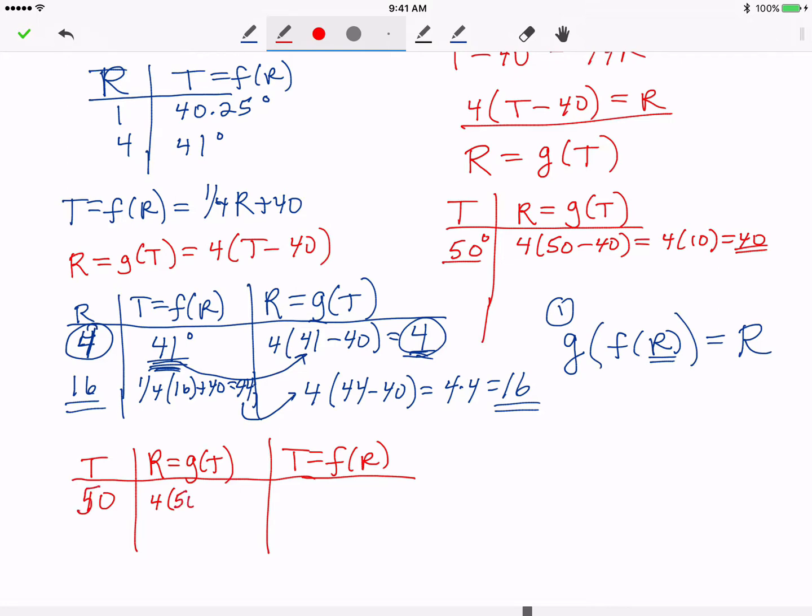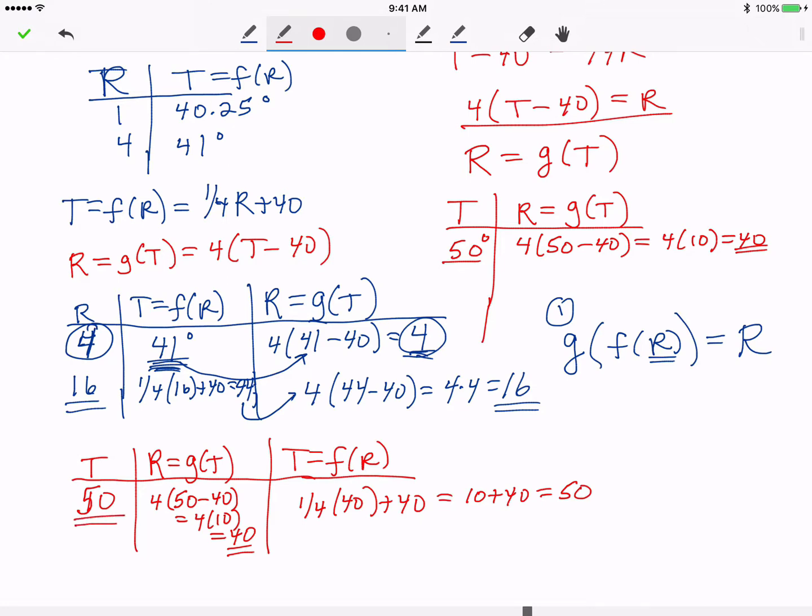Then 50 minus 40 would be 10, 4 times 10 would be 40, a chirp rate of 40. And then take the temperature function with the chirp rate of 40, so that'd be 1/4 times 40 plus 40, and that would give 10 plus 40, which is 50. Okay.